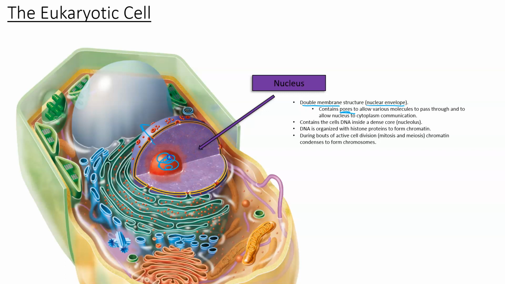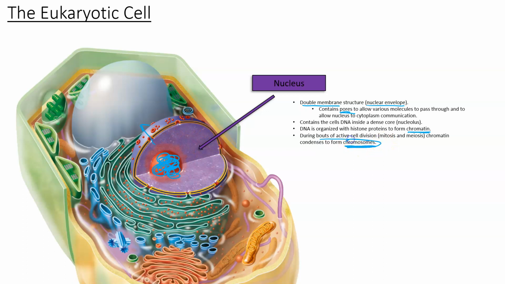The nucleolus is the really densely packed core where all of our chromatin is kept. Okay, chromatin obviously is the form of DNA that is associated with eukaryotic cells when the cell is not in active cell division. During bouts of active cell division, this chromatin supercoils and produces chromosomes.